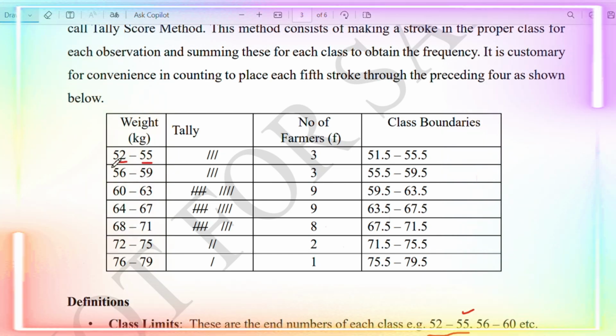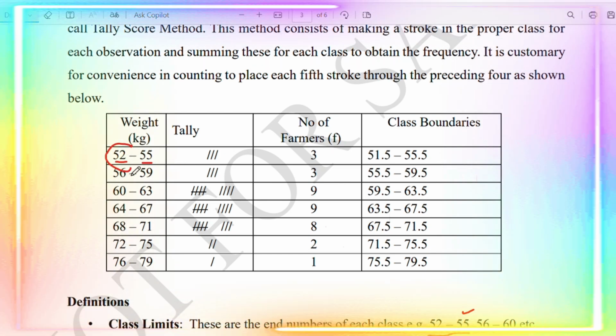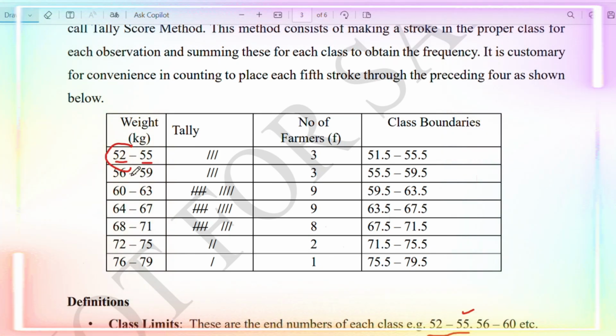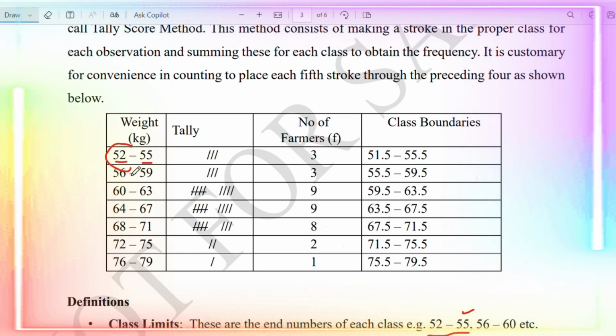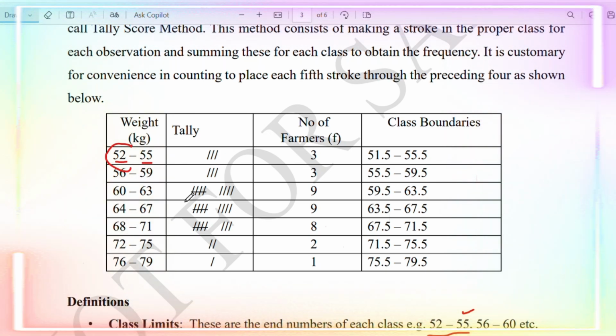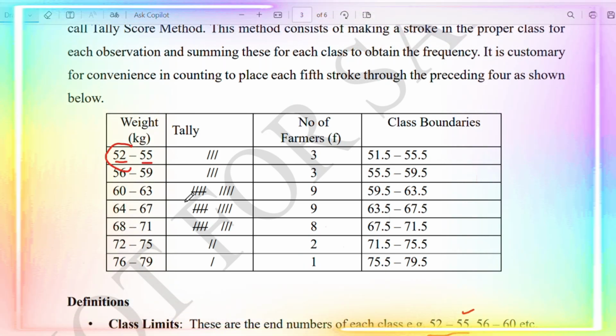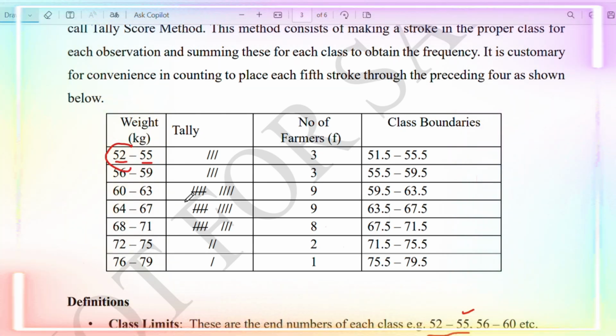If you find 55 plus 52, that will give you 107. Then you divide that by 2, you get 53.5.